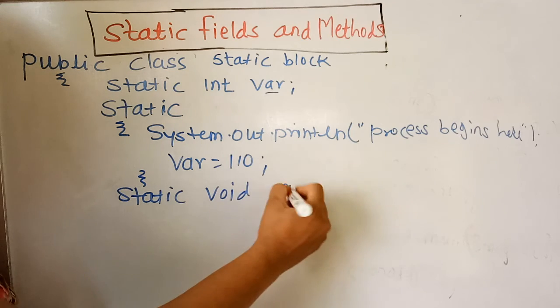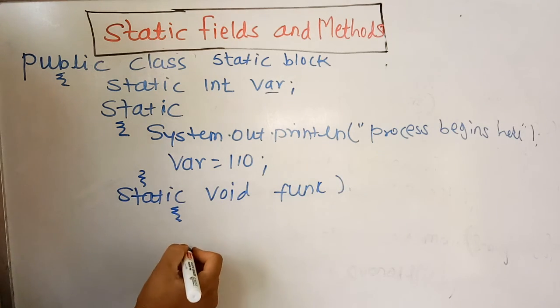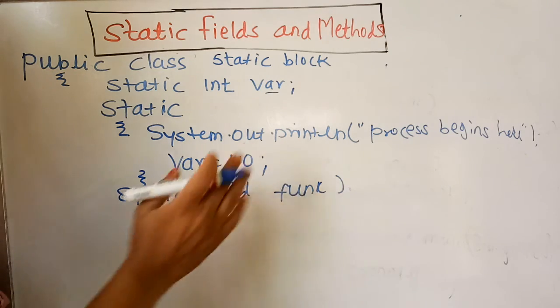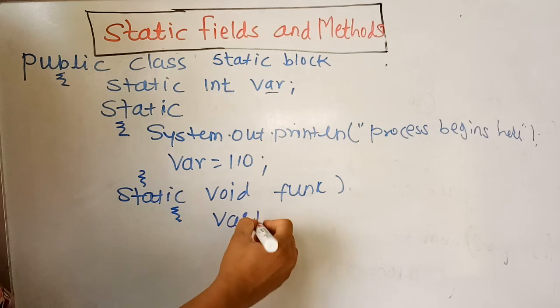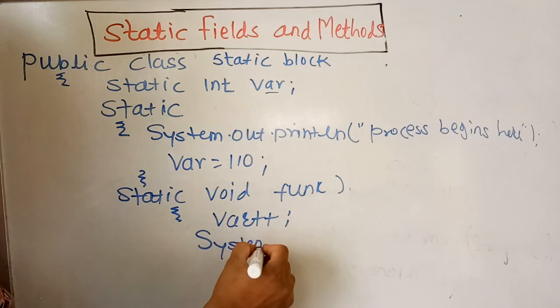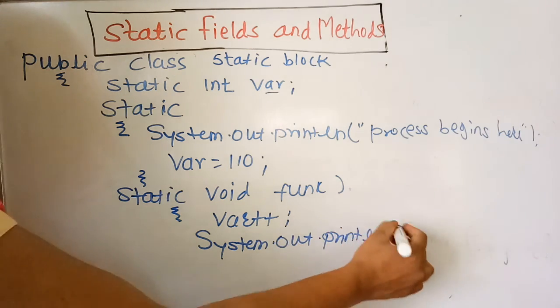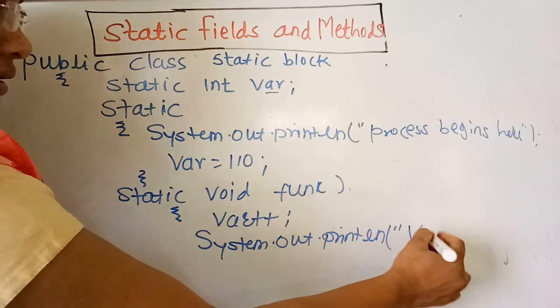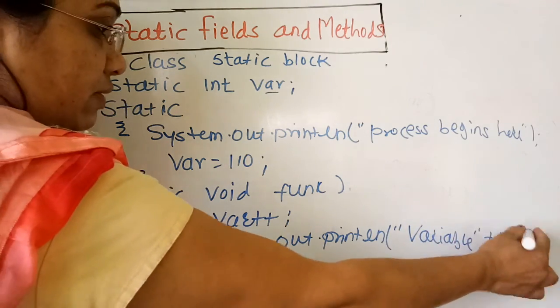Static void function, then you have to perform one procedure with this variable only, it is only a demonstration. So you can write variable plus plus and print the variable's value like System.out.println(variable).